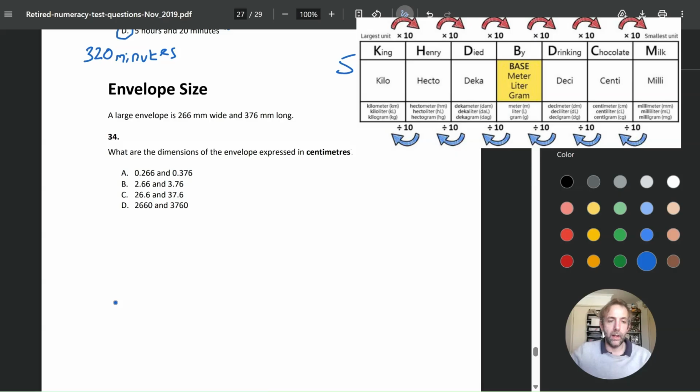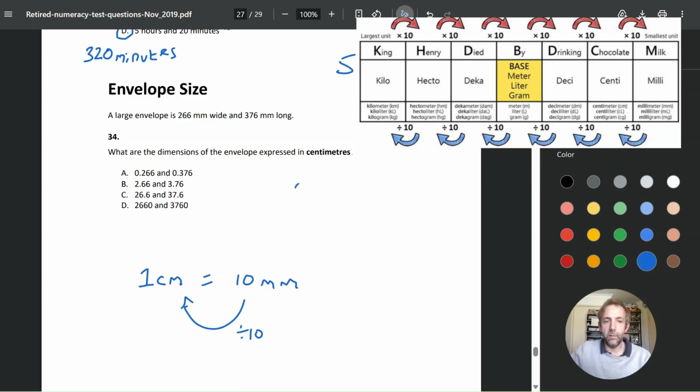Or if you've got a good memory, you might just know that in order to get from millimeters to centimeters, 1 centimeter equals 10 millimeters. So if I'm going from millimeters to centimeters, I need to divide by 10.